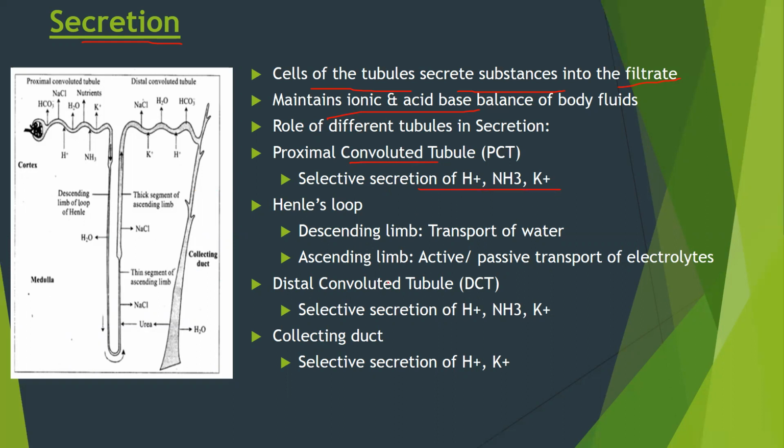In the loop of Henle, the descending limb transports water, and in the ascending limb, active and passive transport of electrolytes takes place. In the DCT, again there is selective secretion of H ion, ammonia, and potassium ion. In the collecting duct, there is selective secretion of H ion and potassium ion.